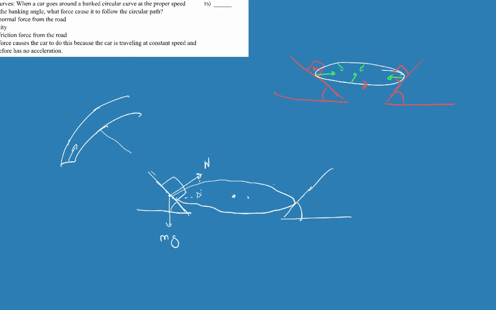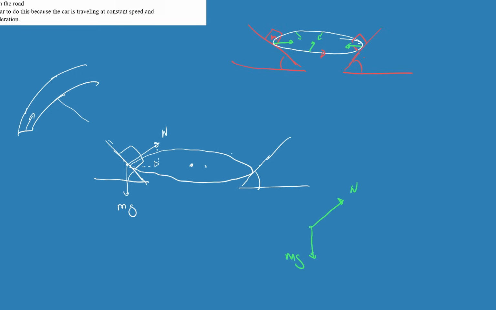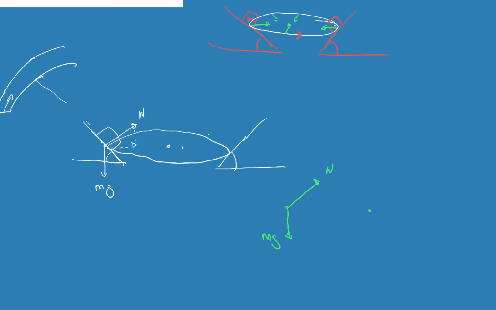No, there are no more forces acting on it. So the sum of these two forces, N and mg, how will you combine them? Instead of saying it like this, you will say mg will go like this.